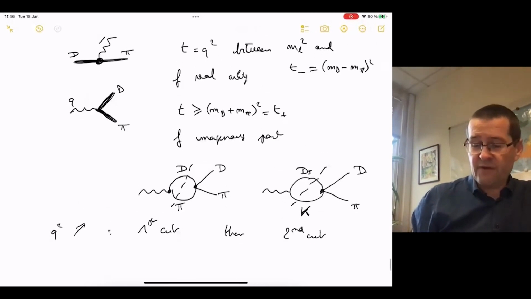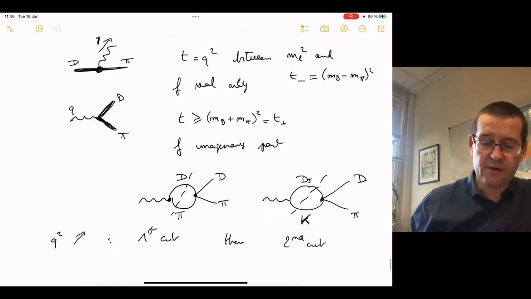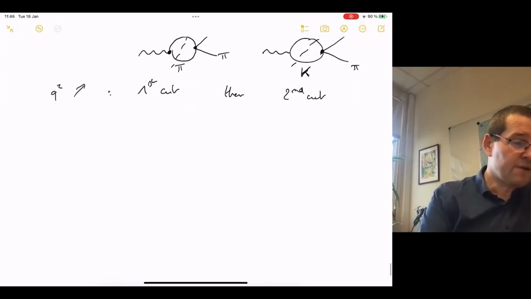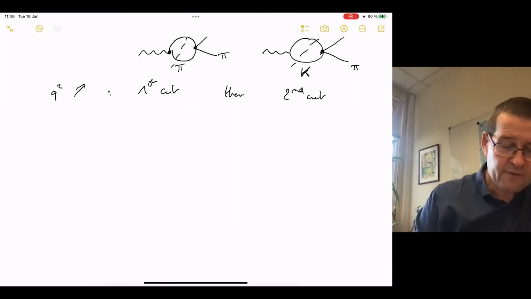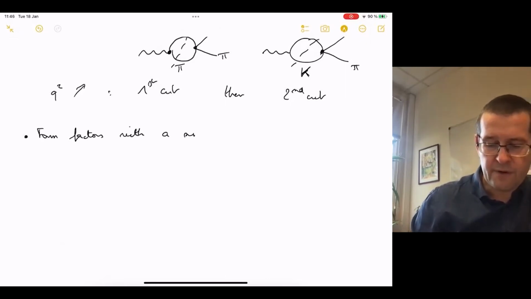And so the point is that this analytic structure is actually the structure that you will have in general for form factors with a simple analytic structure.